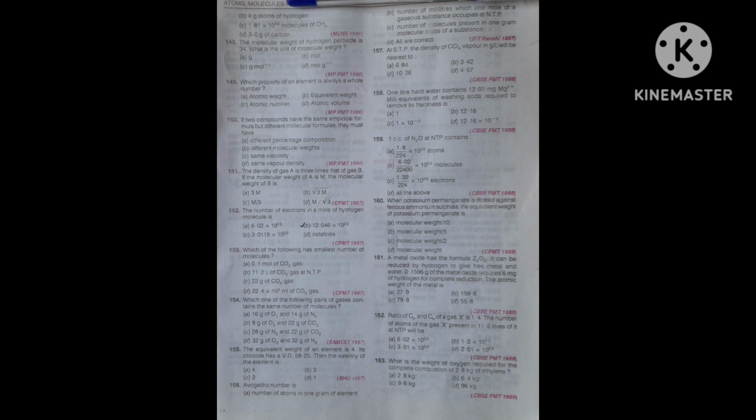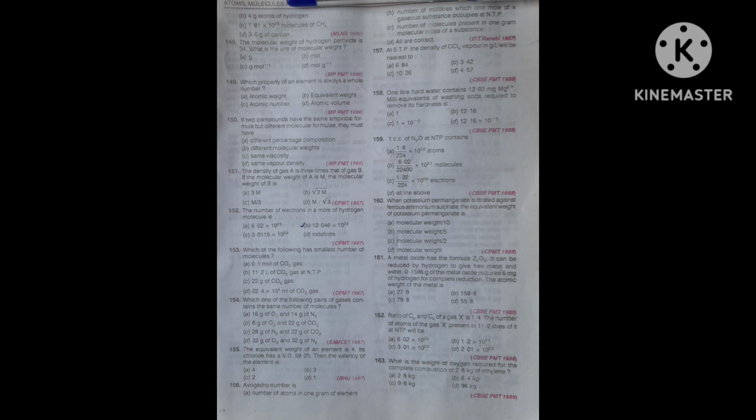One more time I am reading the question. A metal oxide has the formula Z2O3. It can be reduced by hydrogen to give free metal and water. 0.1596 gram of the metal oxide requires 6 milligram of hydrogen for complete reduction.